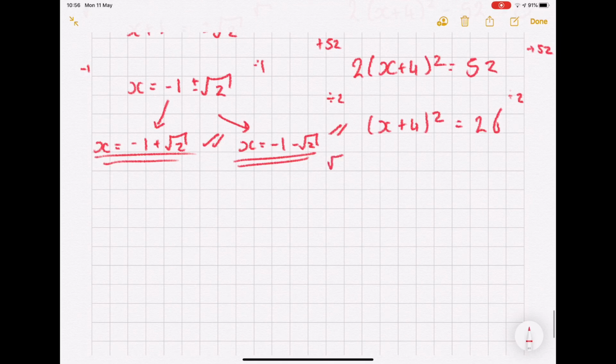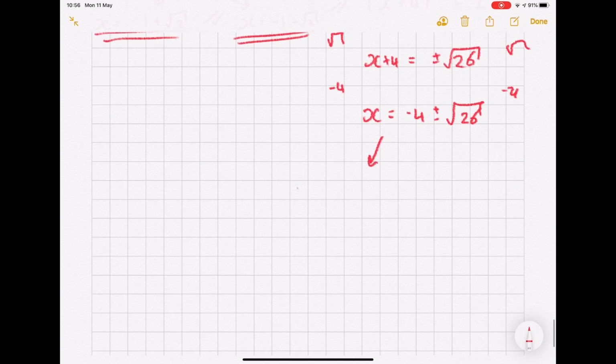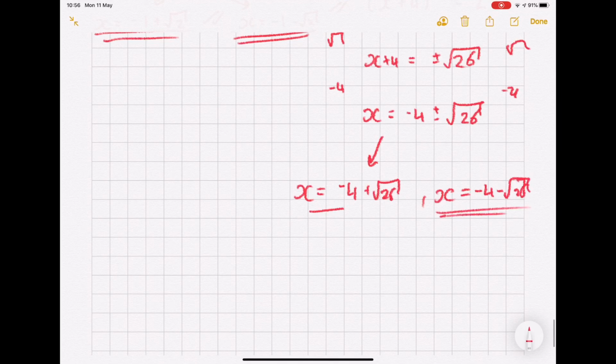Let's square root both sides to give us x plus 4 equals plus or minus root 26. Subtract 4 to give us x equals negative 4 plus or minus square root of 26. So that of course means we have two roots. We have a root where x equals minus 4 plus root 26, and a root where x equals minus 4 minus root 26. So if you've got those two, fantastic. Give yourself some ticks. Well done.